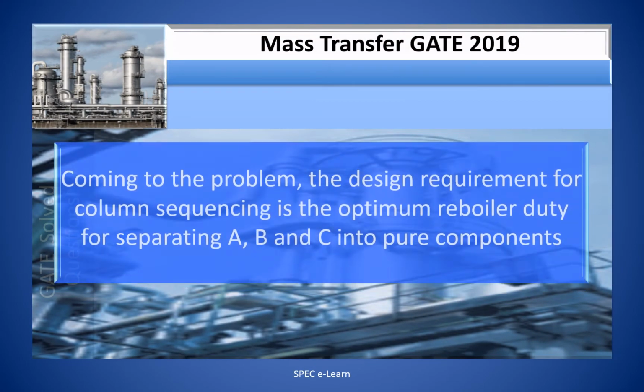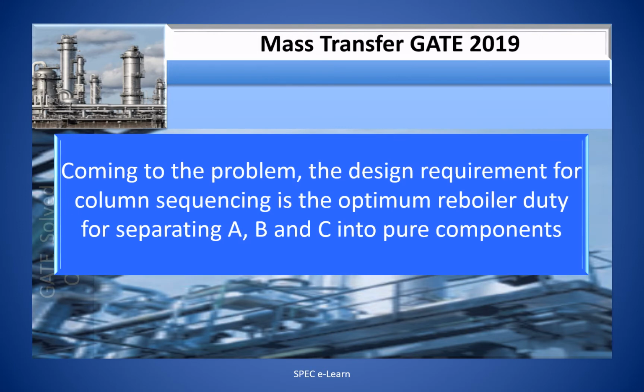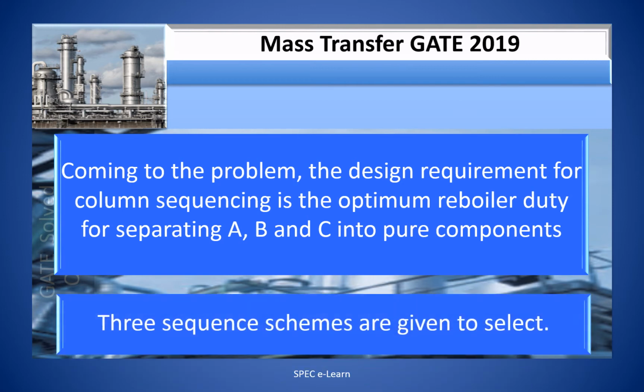Coming to the problem, the design requirement for column sequencing is the optimum reboiler duty for separating A, B and C into pure components. 3 sequence schemes are given to select.